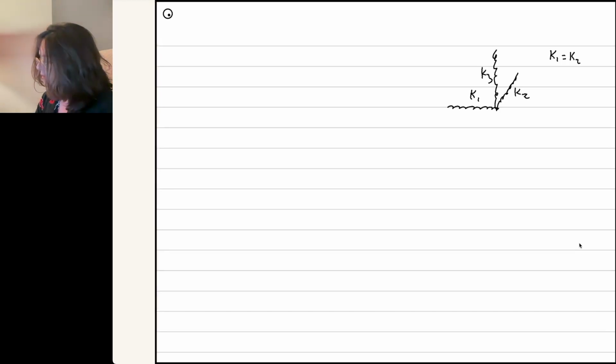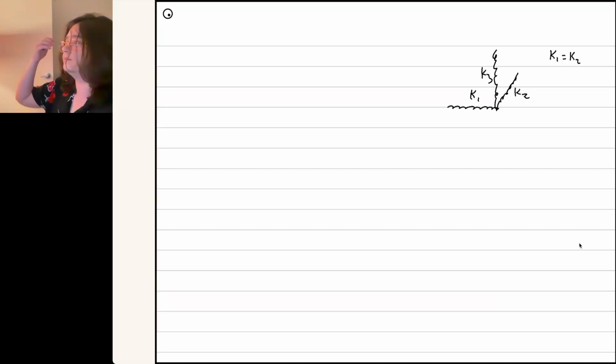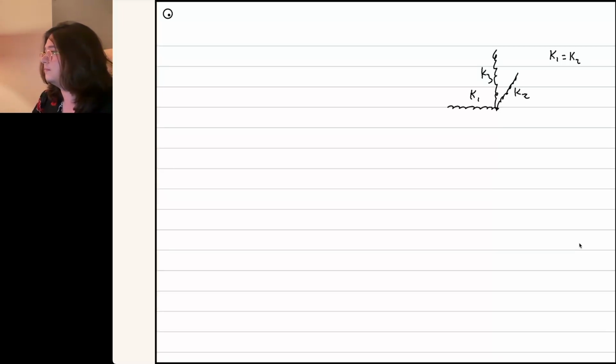The thing to recognize is that the harmonic oscillators are pretty much going to be causing a Hooke's law potential in three different directions at once, but K1 is equal to K2. So that means we're going to have some degeneracy somewhere, where a couple of the frequencies at the end of the problem are going to be dependent on the other.